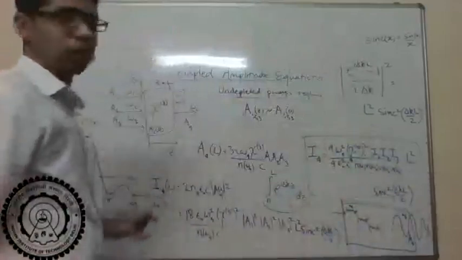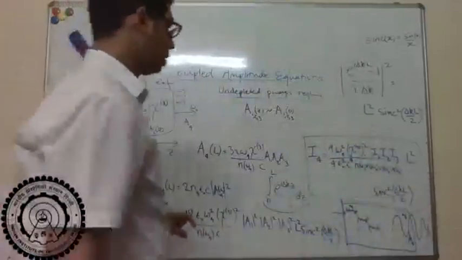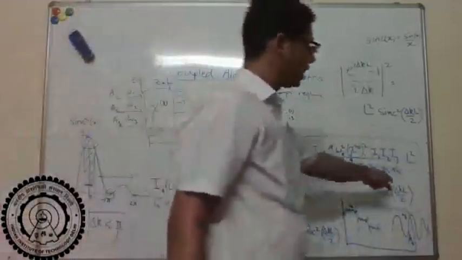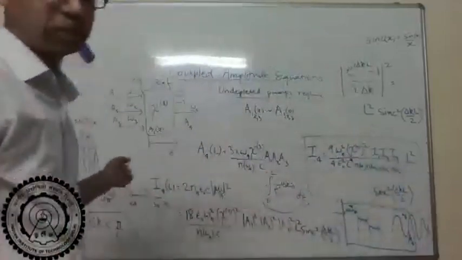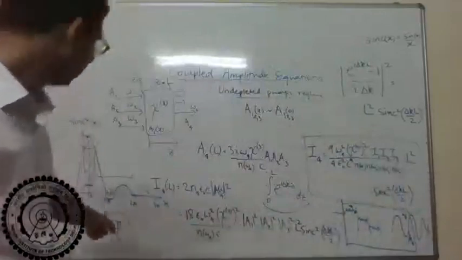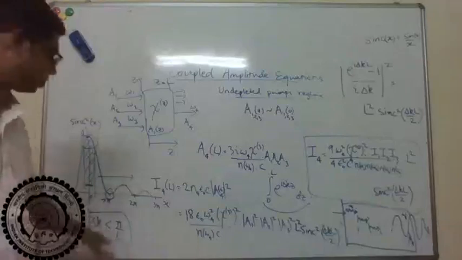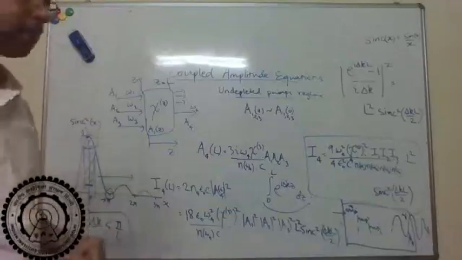So this is true for any nonlinear process. To make any nonlinear process efficient, you want to make that delta k as small as possible, close to 0, and certainly less than pi over L.